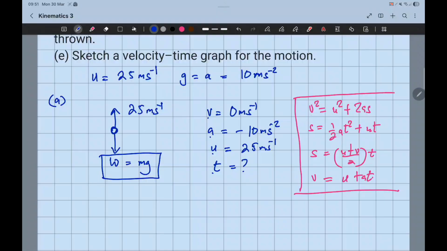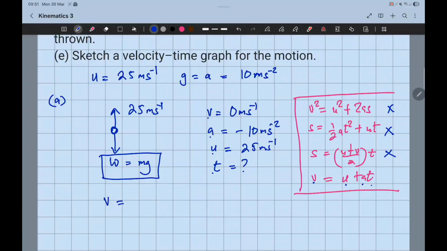So tikatarisa iye kutanga v aripo, u aripo, a aripo, pataina t. Of which tiri kutsvaga time, so iyi haiite. Then tiri kuda iyo ifuti tikatarisa ino ina s, isu pana hatina s, so tozatosiyana nayo haiite. Tikatarisa iyi ina s futi time iripo but ina s is an unknown, saka haiite. Tikatarisa iyi v aripo, u aripo, A aripo, T aripo. So we can work with this one.